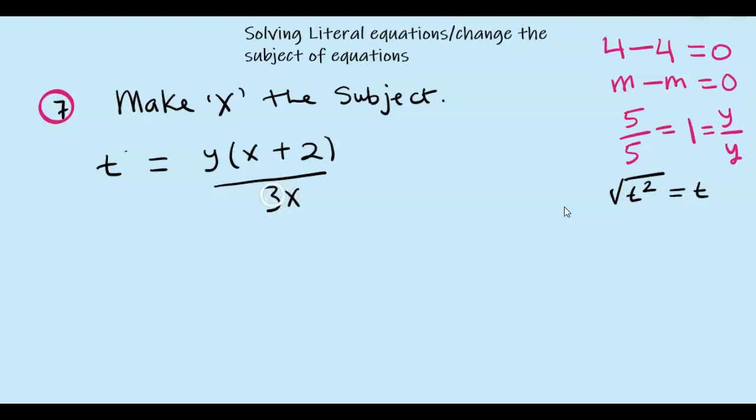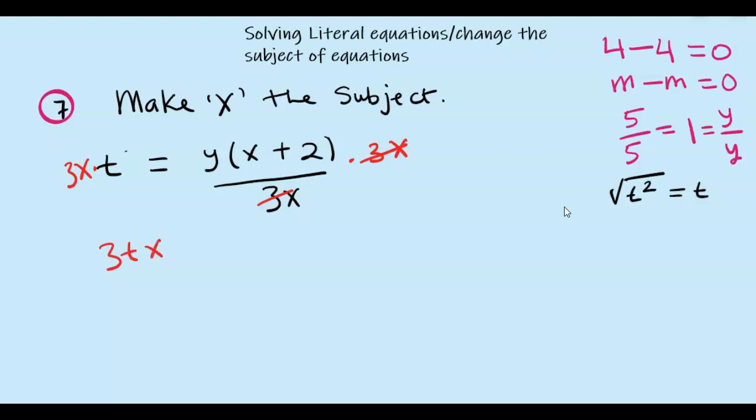For us to get this one out of the denominator, we have to multiply both sides by 3x. So we will multiply here by 3x, and we will do the same thing here, 3x. This becomes 3x divided by 3x, which turns into 1. This goes away. Now we have 3tx.